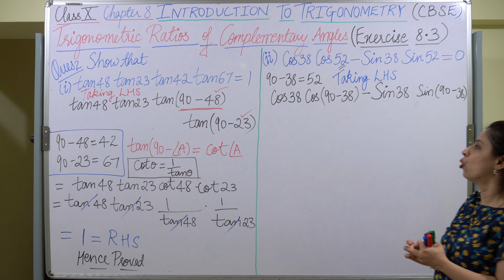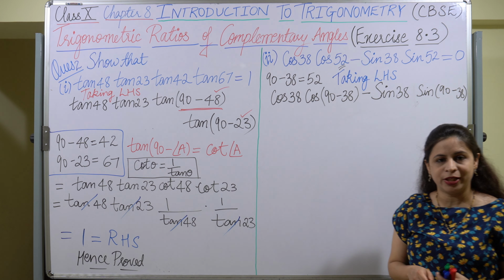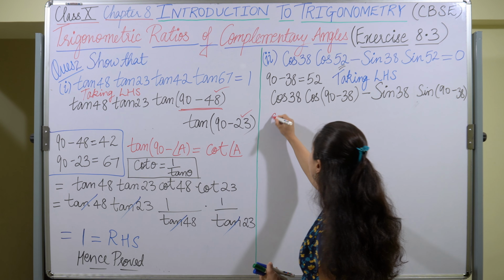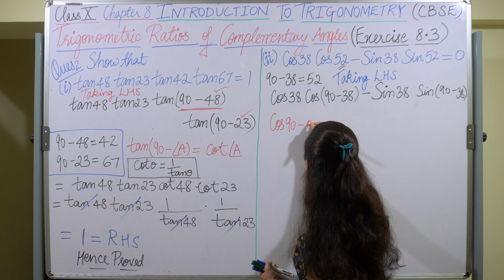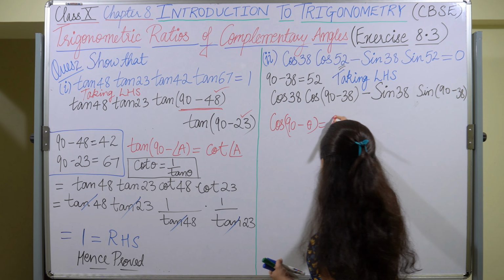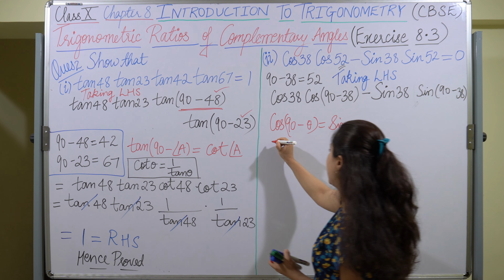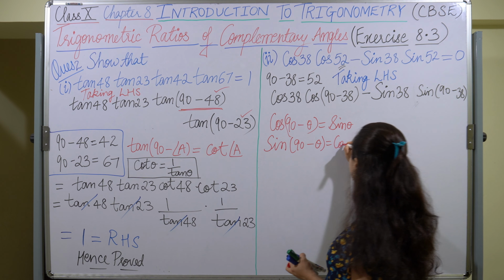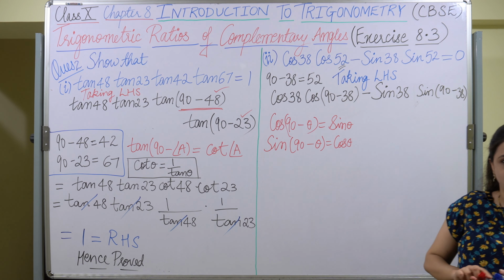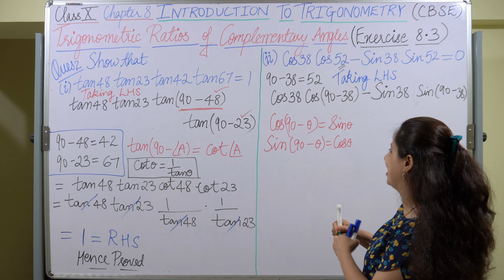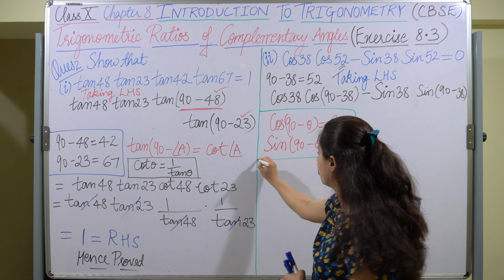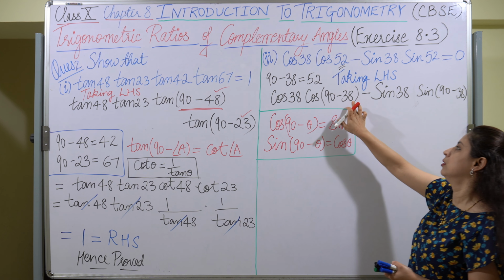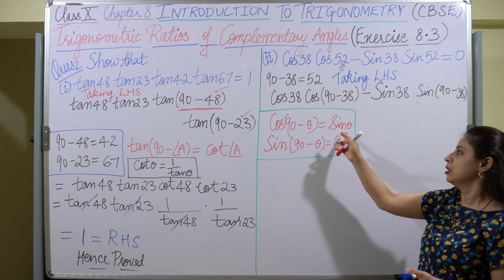Cos and sine are complementary to each other, as we already know. Cos 90 minus theta is equal to sin theta, and sin 90 minus theta is always equal to cos theta. We have already proved this in our previous lectures. So in place of cos 90 minus 38, we can put sin 38.